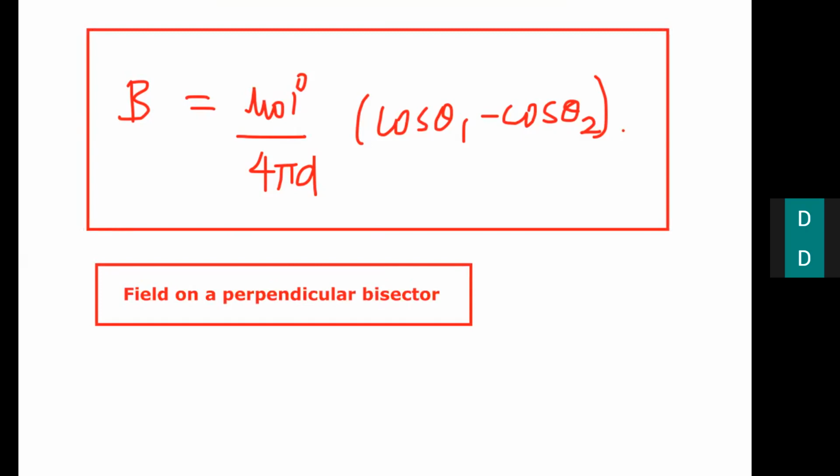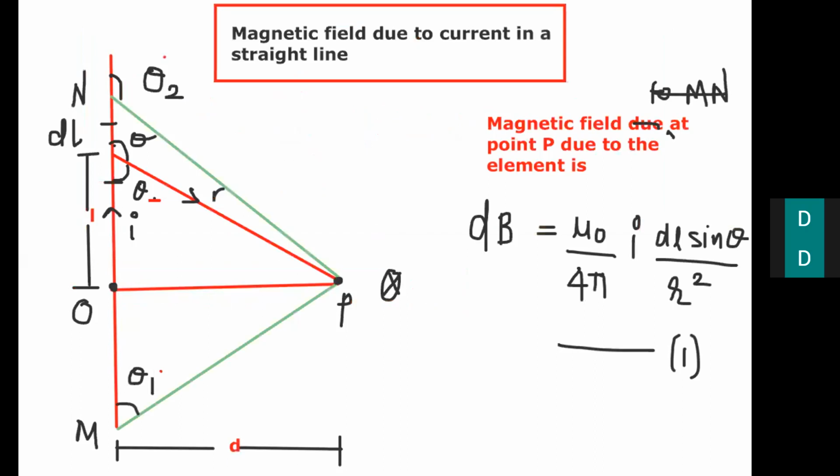It is exactly at this point, which seems to be a perpendicular bisector because it divides this wire into equal parts.